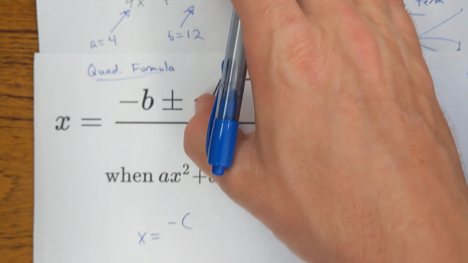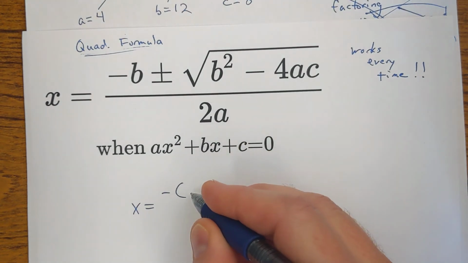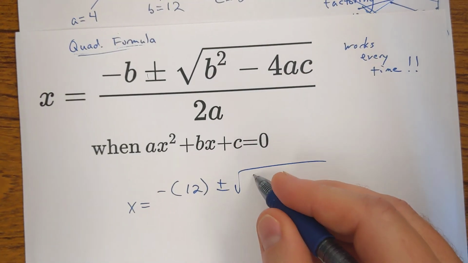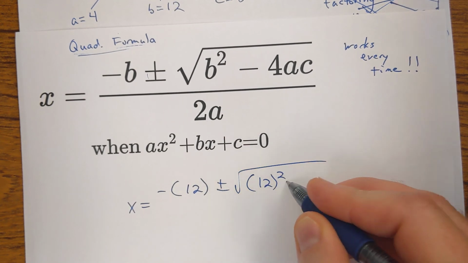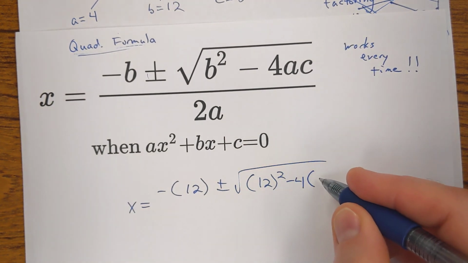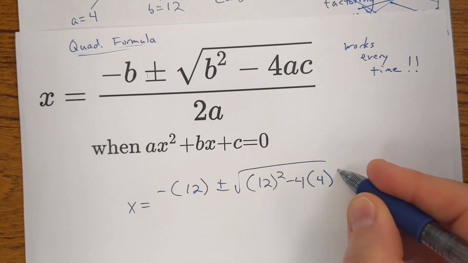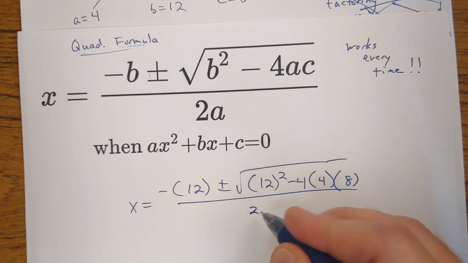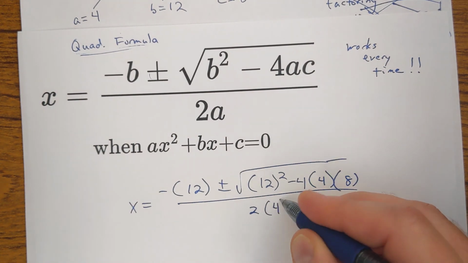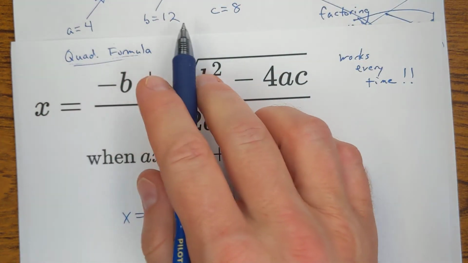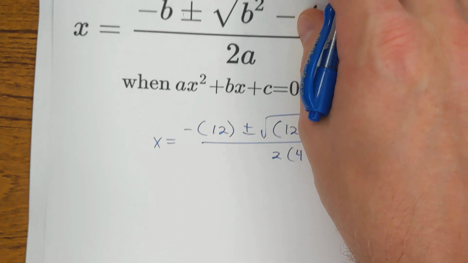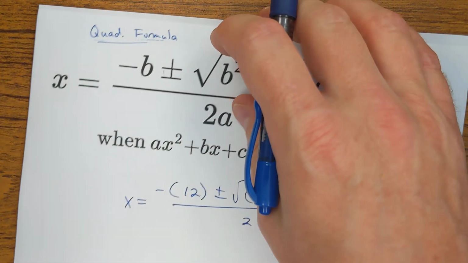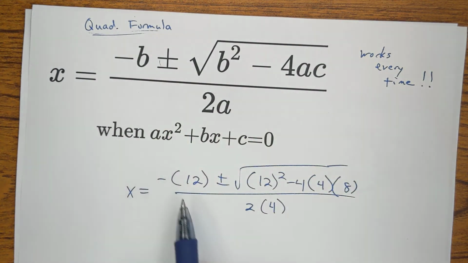So we have negative b plus or minus, we'll talk about that in a little bit, the square root of b squared minus 4 times a times c, all over 2a. I took those numbers, the 4, the 12, and the 8, and I plugged them into this formula.